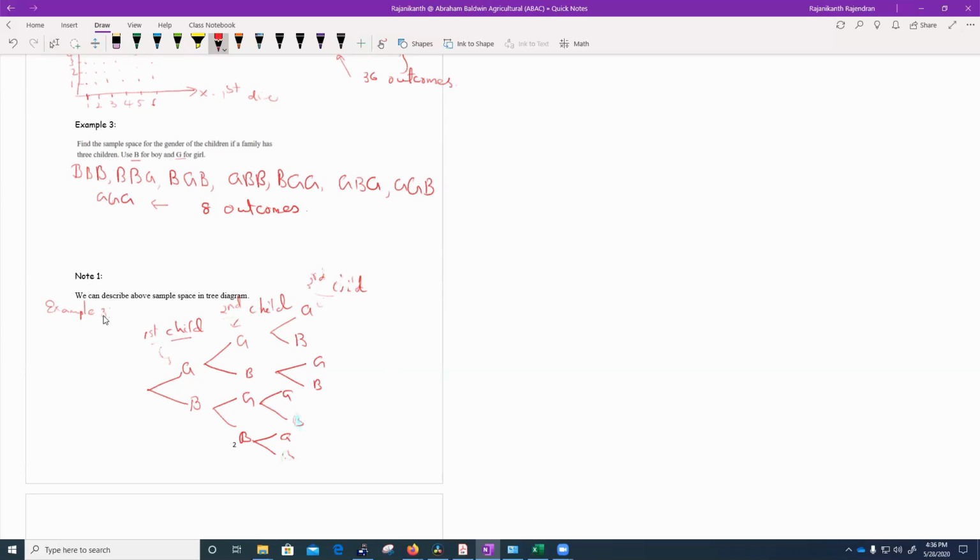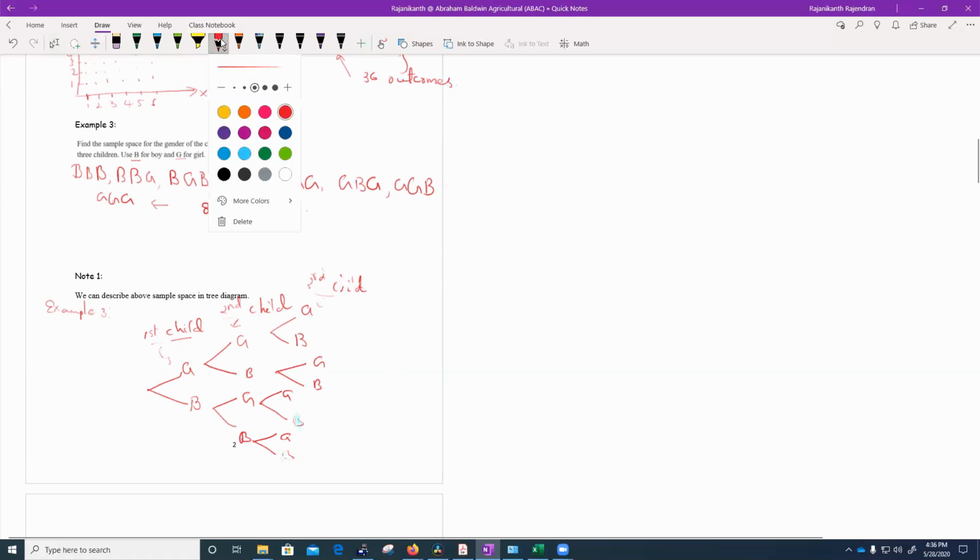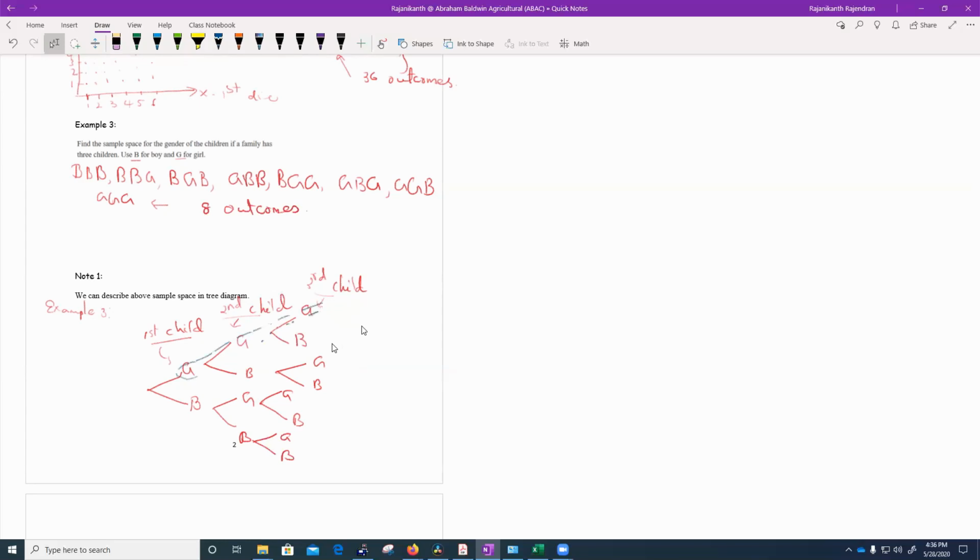Okay. So now, since I have a tree diagram, if you look carefully, you can list all the outcomes. Let me change my color here. If you look at the first branch, this is nothing but all three G's. That means the first child is a girl, the second a girl, and the third a girl. If you look at this branch, this is the first two girls and the third one boy.